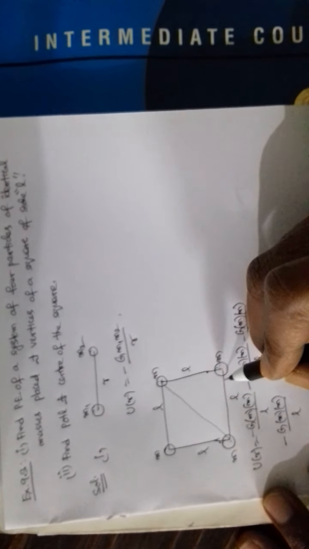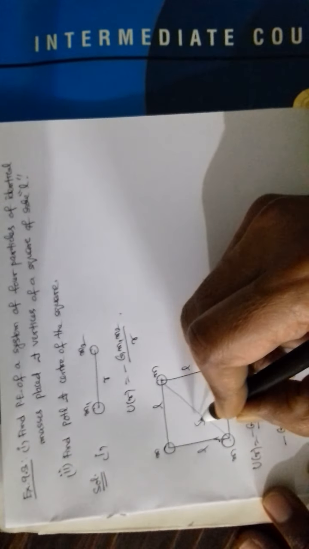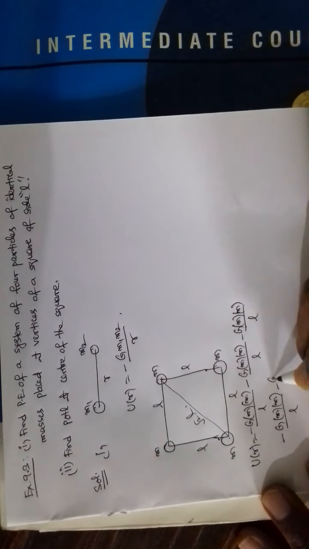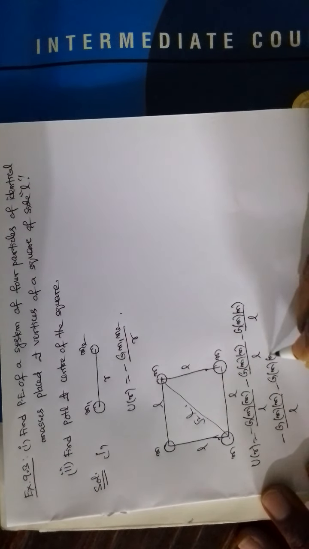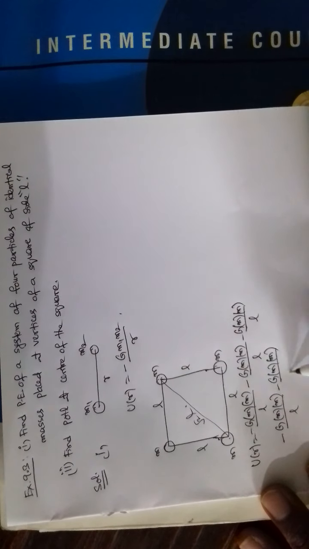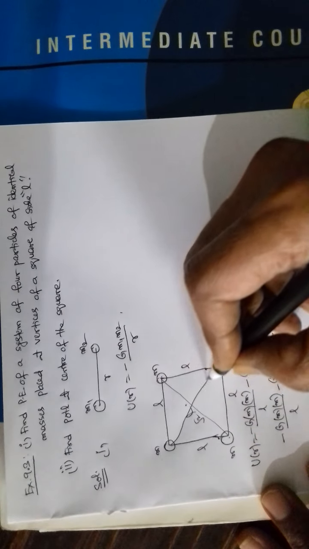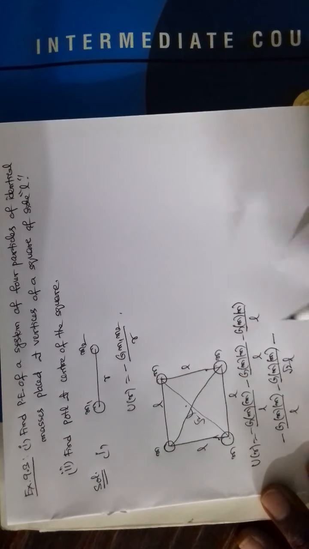Now diagonal-wise one pair. This is L, this is L, so this will be root 2 L. And this pair, this also root 2 L.